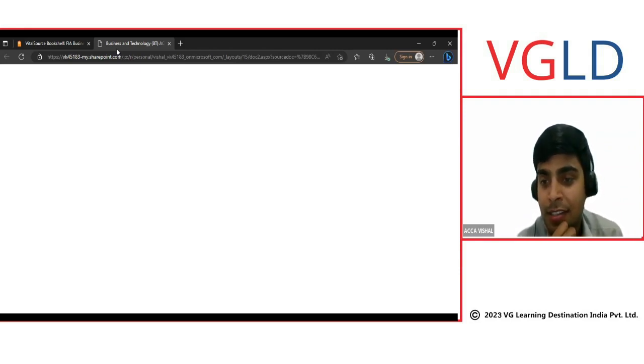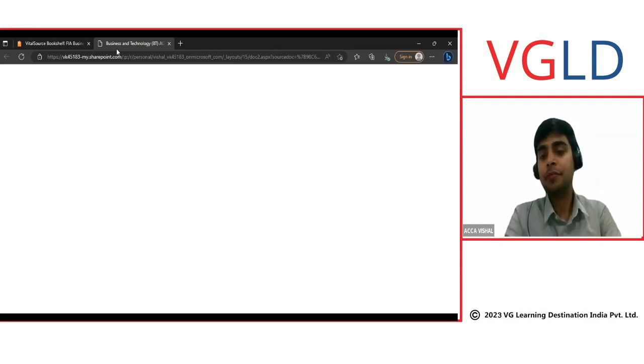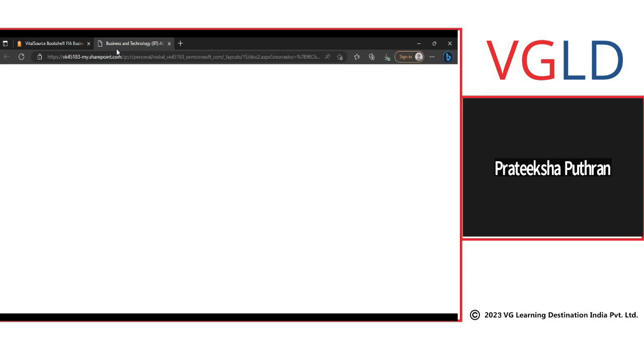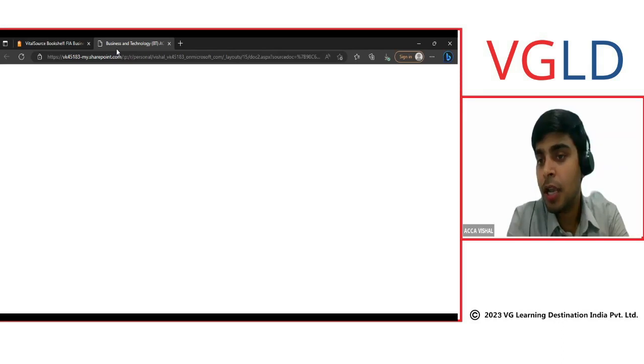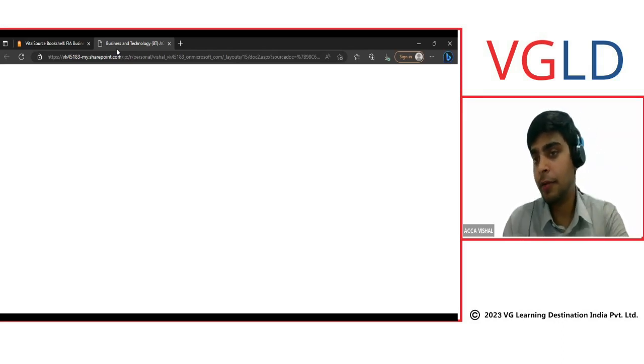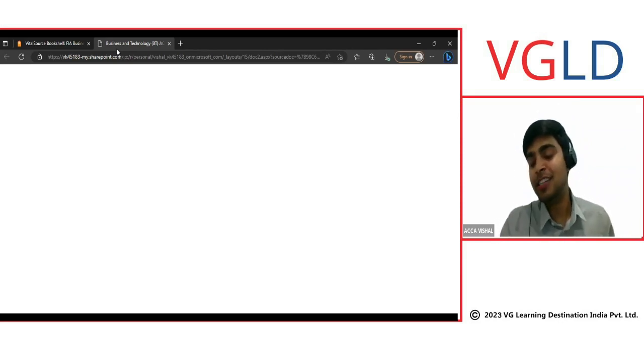Public, private, service. Okay. Manufacturing. There are three sectors: agriculture, secondary, then tertiary sector. Telecommunication. Pratiksha, you can also write, but very well pointed out.